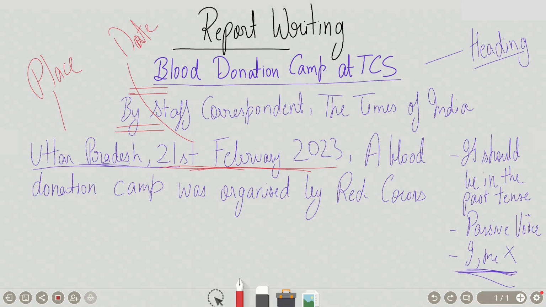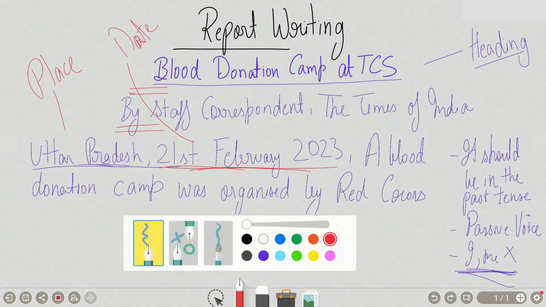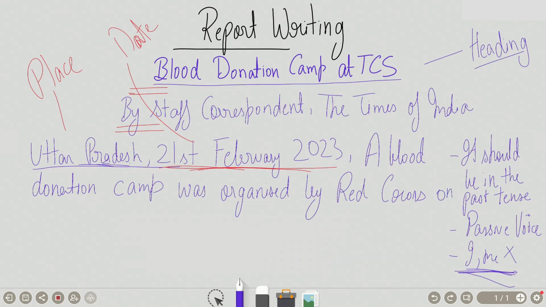A blood donation camp was organized by Red Cross Society, or whatever society you want to write. On which date? You can take one or two days before. For example, let's take 19th February 2023.